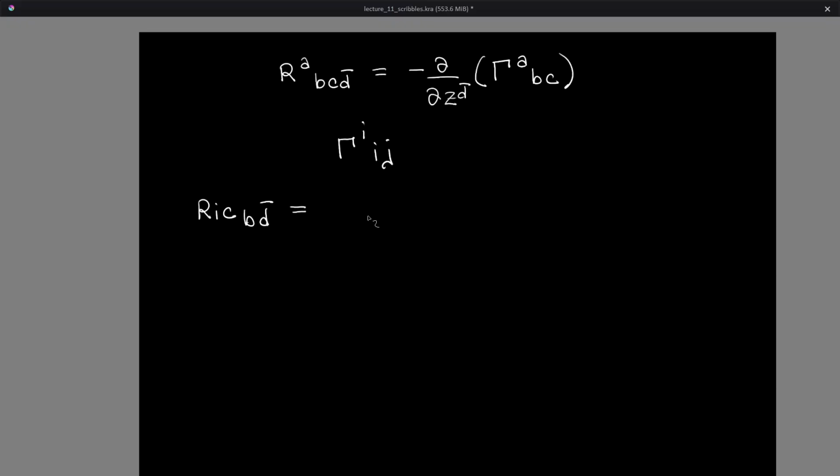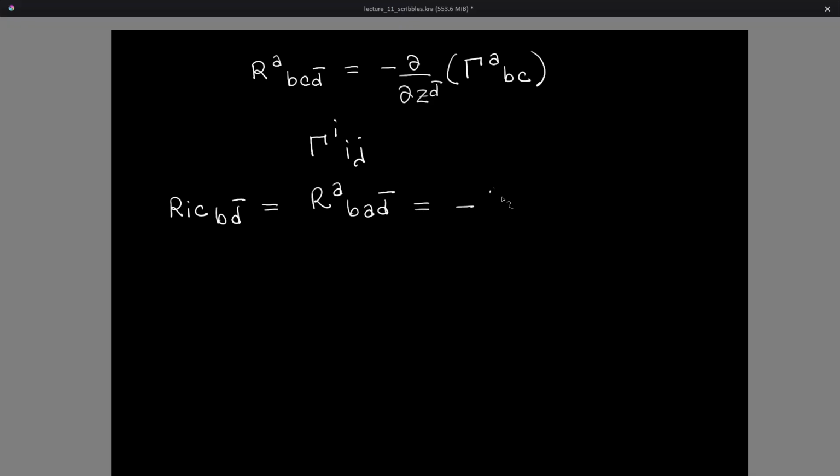So that would be equal to R A B A D bar, right? This would be equal to minus partial Z D bar of Γ A B A. And for Γ A B A, there's a Christoffel symbol identity that these two can be swapped.